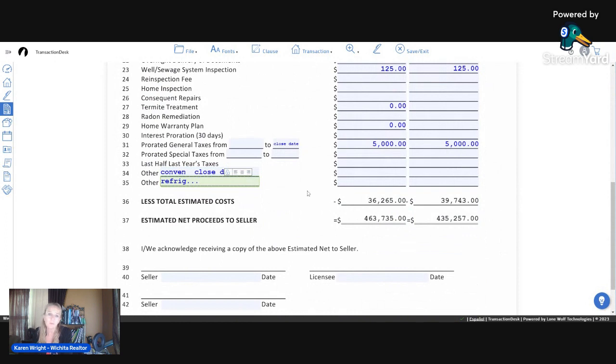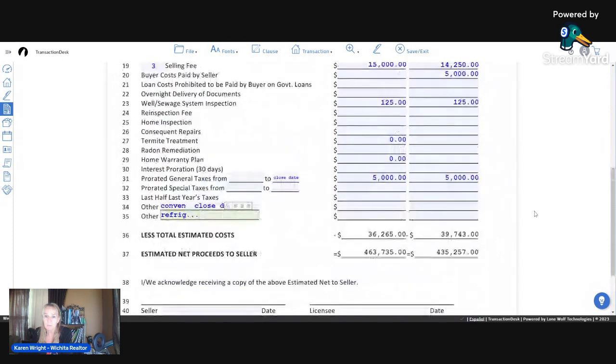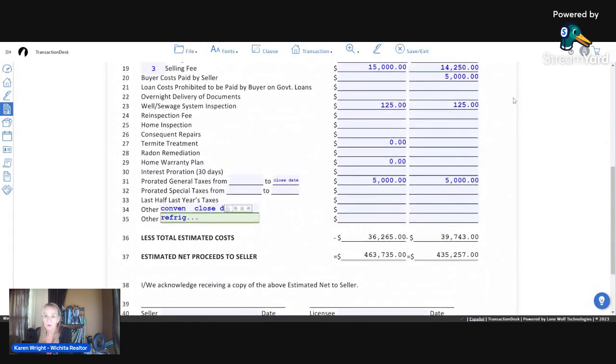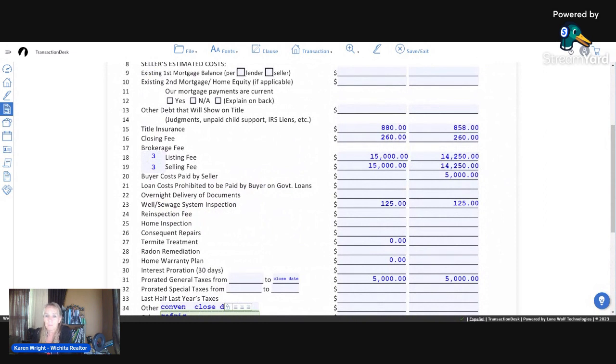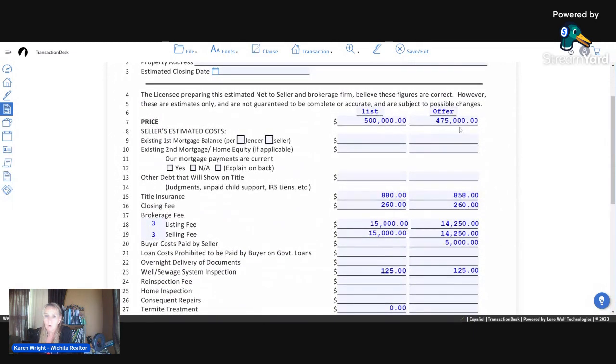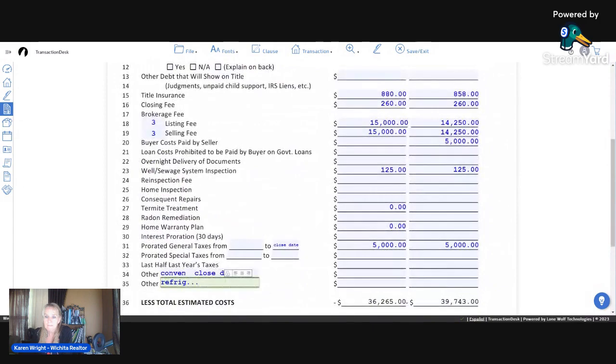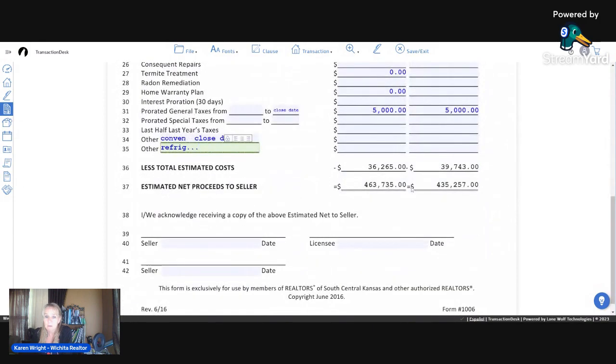This just helps keep it all on one page. Here you're seeing the final net profit. The reason it jumped down a little bit is because they are asking for, oh, I forgot that part, sorry, I forgot the $5,000. They are asking for $5,000 in closing costs. All the other stuff's the same. I did forget to mention that. Sorry. So that's why it jumps down a little bit here.